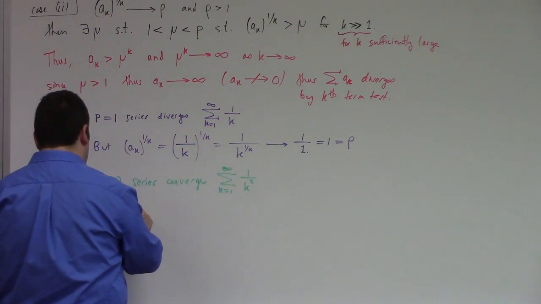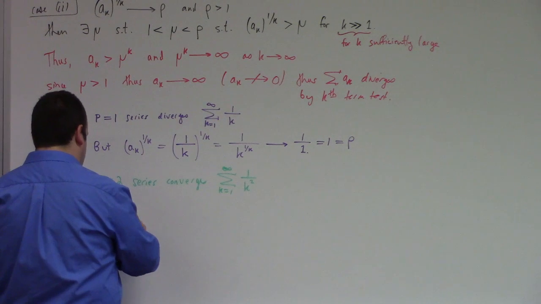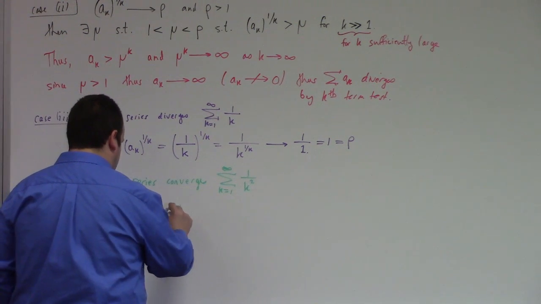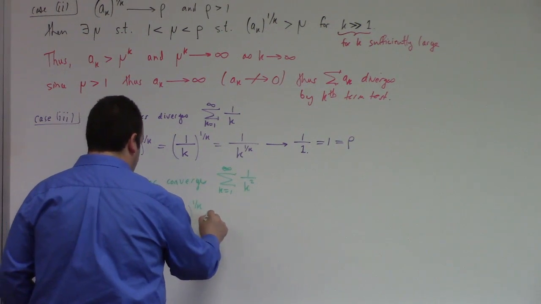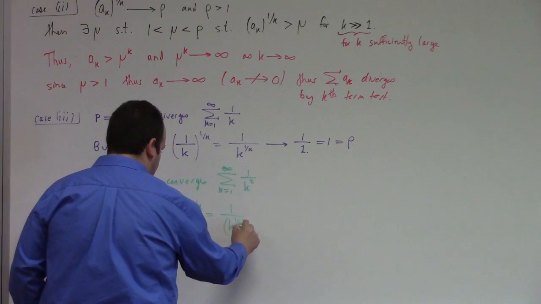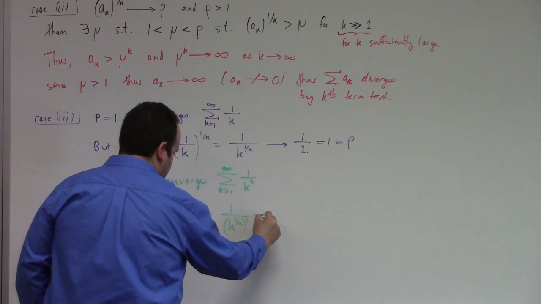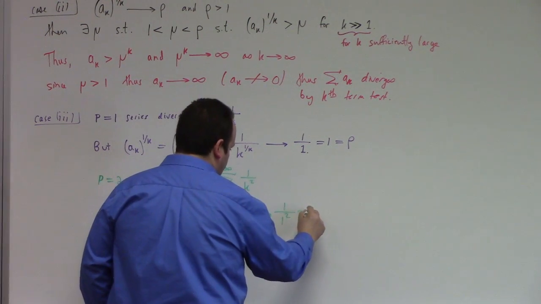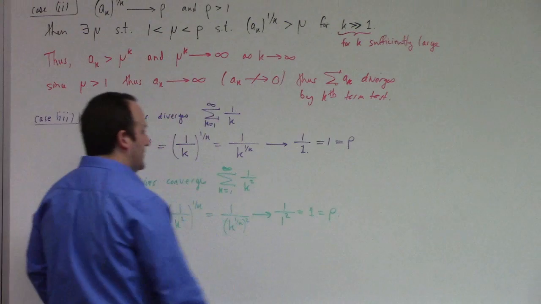So in this case, you have a sub k to the 1 over k is equal to 1 over k squared to the 1 over k, which is, by the way, the same as 1 over k to the 1 over k quantity squared, which goes to 1 over 1 squared, which is, of course, 1, which is equal to rho. So there you have it.